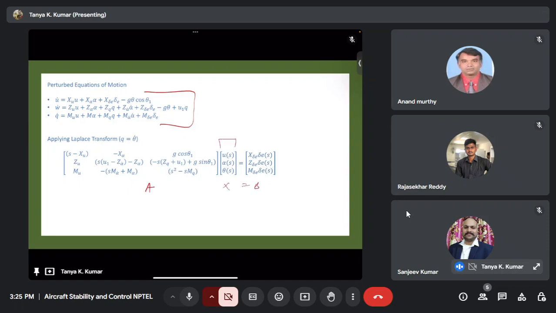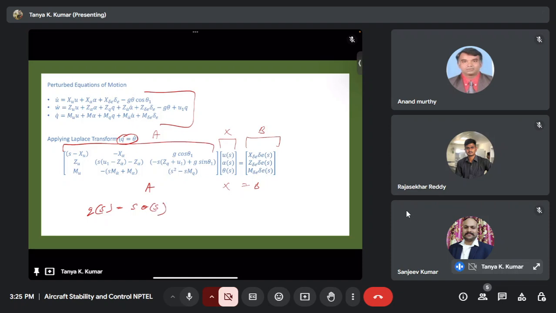So this is x, this entire thing is A, and this is B, and this is in a form which helps you to analyze stability using the various ways that we have studied in the other subjects, right? So you have Routh criteria and similar such things. So you take q as theta dot and then apply the Laplace transform. So you get q of s equals s theta of s, right?